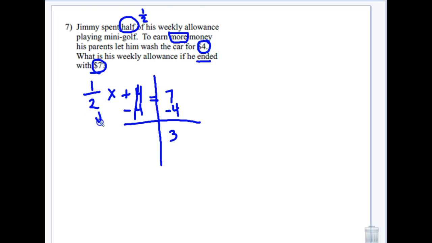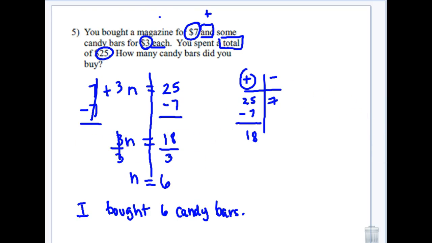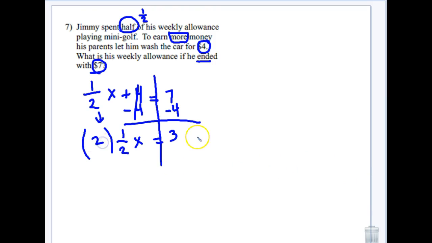Bring it down. Now what? Divide by what? By 2. X is equal to what? Now, what's my sentence? What's his weekly allowance? His weekly allowance is $6 every week. So his weekly allowance is $6.